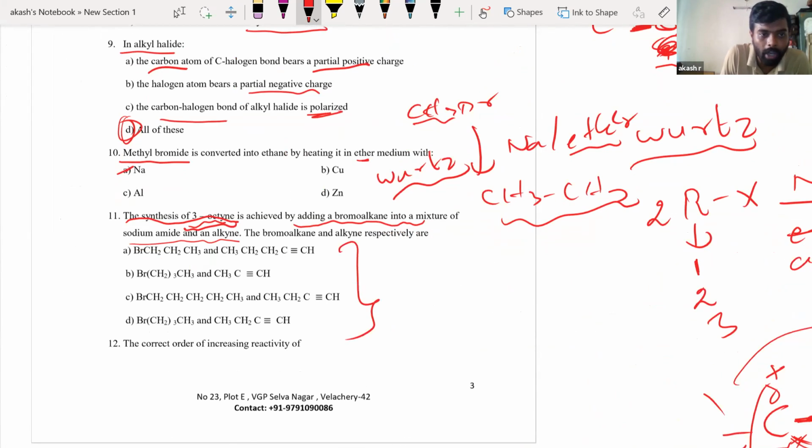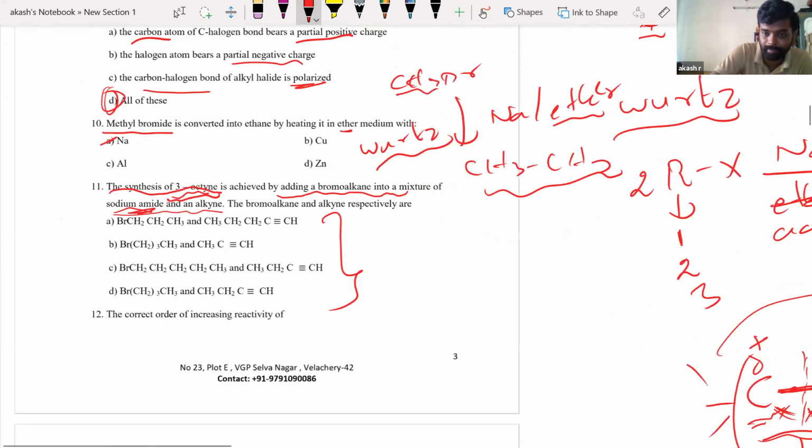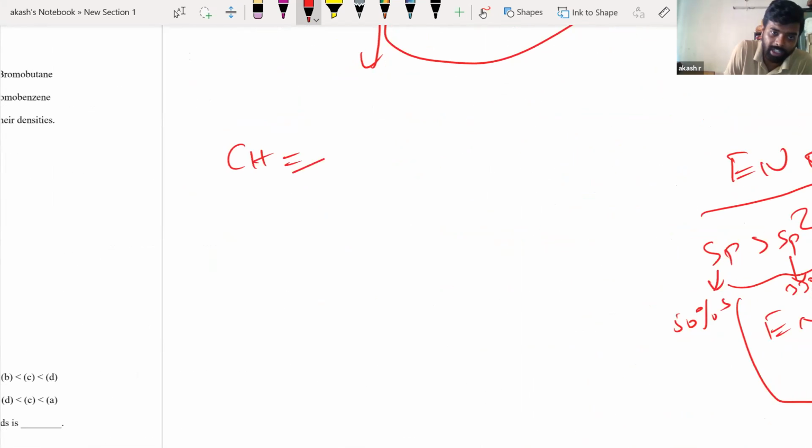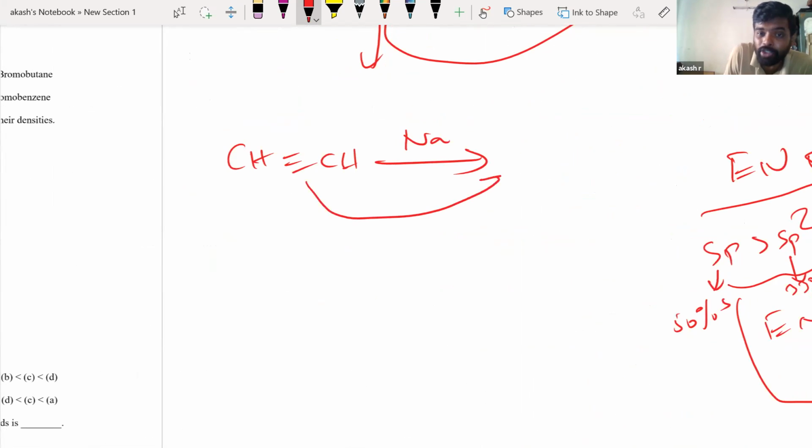Okay, what happens? Now, what is the role of sodium amide here, if you ask me? Please understand that if I have a C triple bond CH, and if I put the sodium amide, say in example, if I just put even sodium, this is going to increase the dissociation to H plus. Basically, I will be ending up with C minus and Na plus.